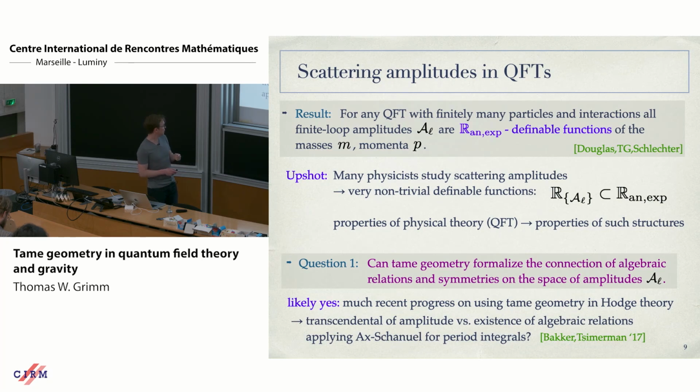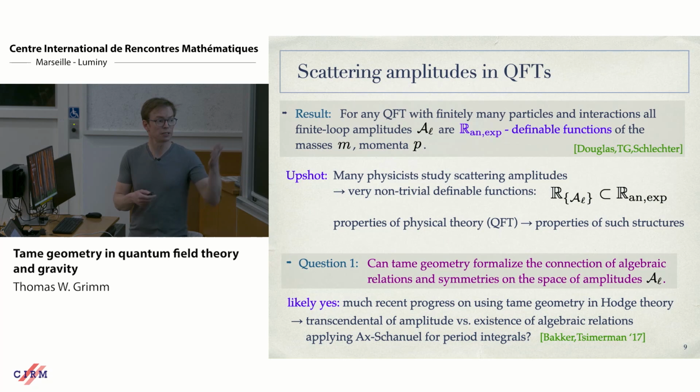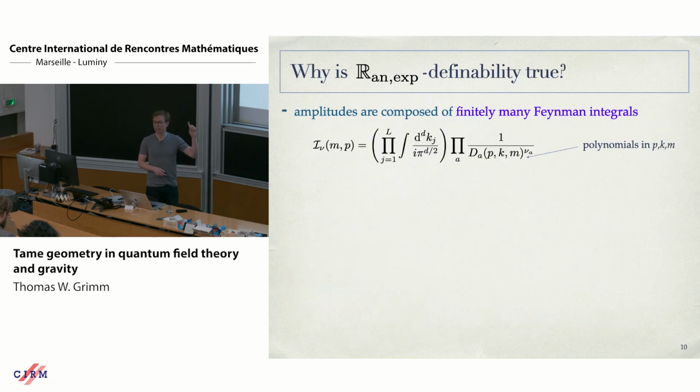So why do I say this? It is that transcendentality versus algebraic relations is something which is studied by these Ax-type theorems, and they have been established for period integrals. Okay? So why is this useful? Well, that's actually the way we argued that all of these amplitudes are tame functions.